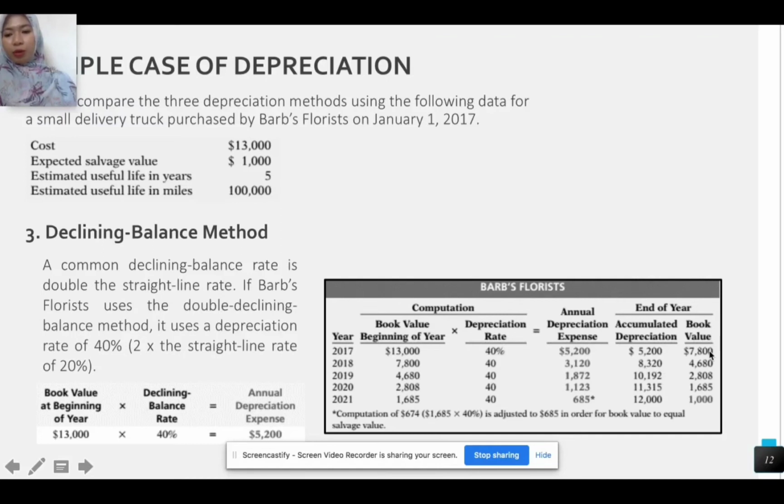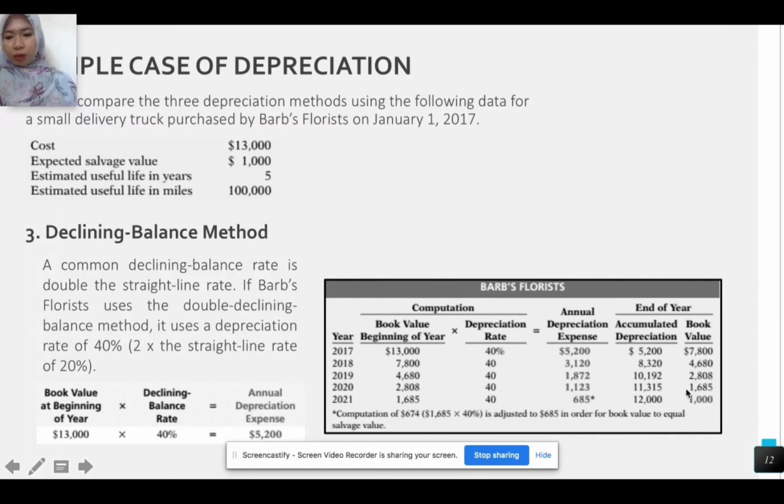Book value for the second year is $13,000 minus 8,320. So book value for the second year is 4,680.